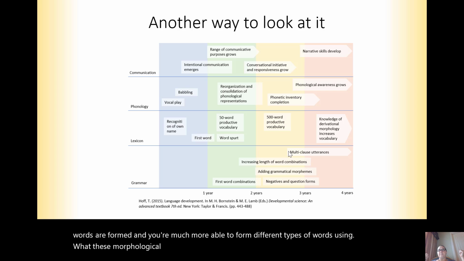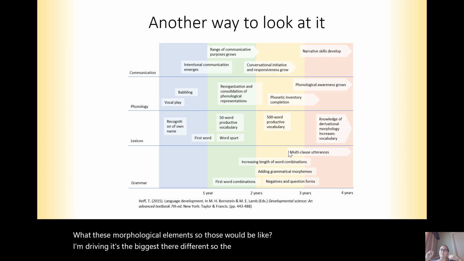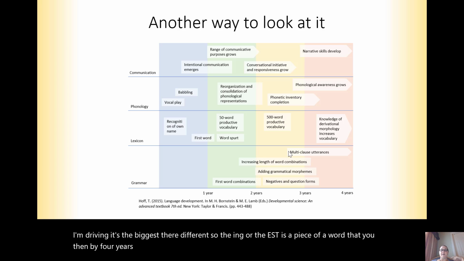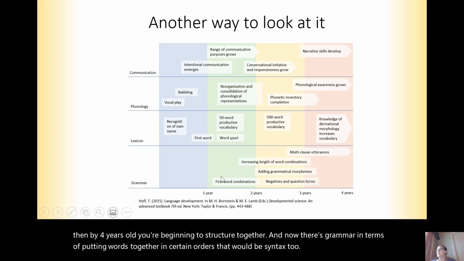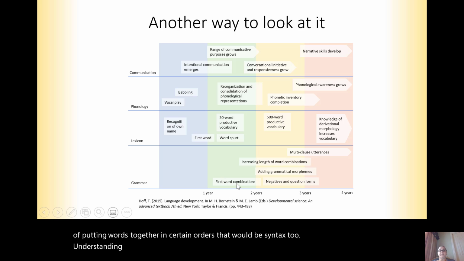Those would be like, I'm driving, it's the biggest. The ing or the est is a piece of a word that by 4 years old you're beginning to structure together. And now there's grammar, putting words together in certain orders. That would be syntax, to understand and communicate meaning.